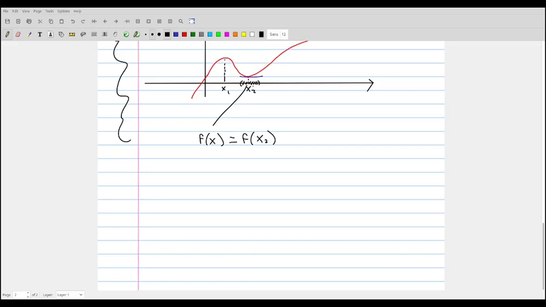So if you take x2 and some other x that's very close to x2, the Taylor series approximation says that f at x is equal to f of x2 plus the first derivative at x2 times x minus x2.